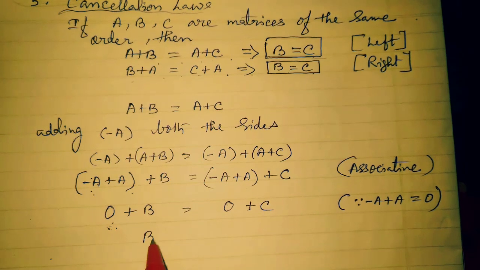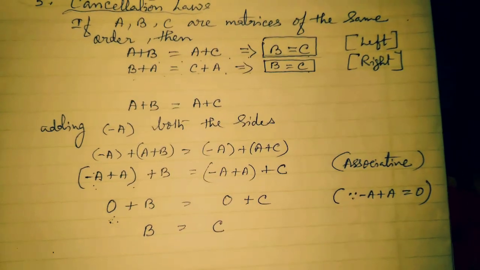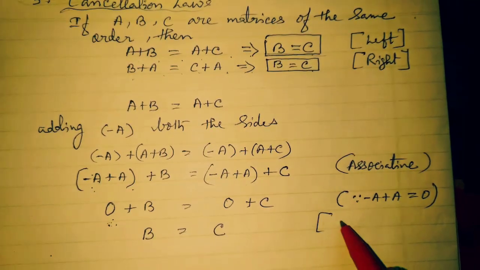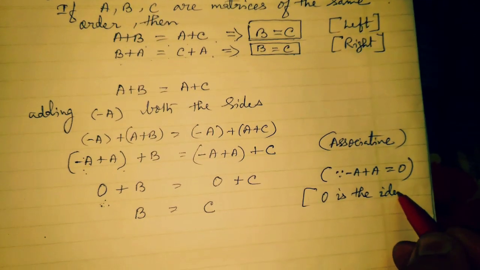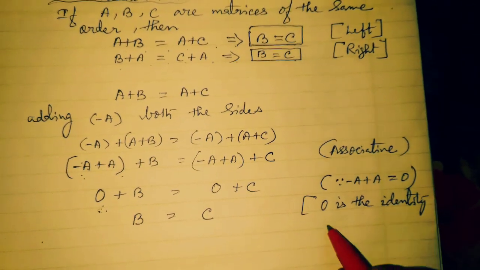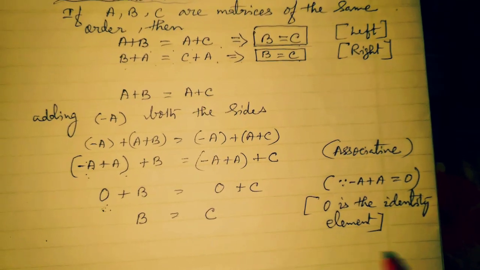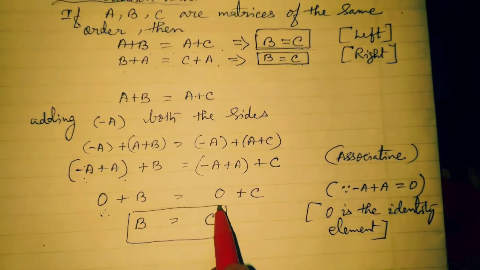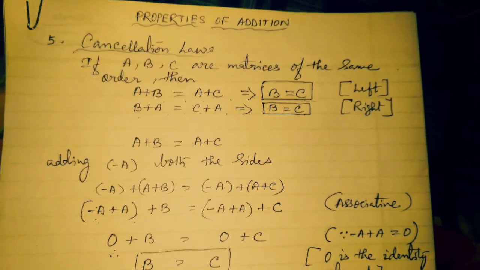So we get B equals C. Here O is the identity element, or the null matrix. So B equals C. This is the left cancellation law, and this is how we prove it.